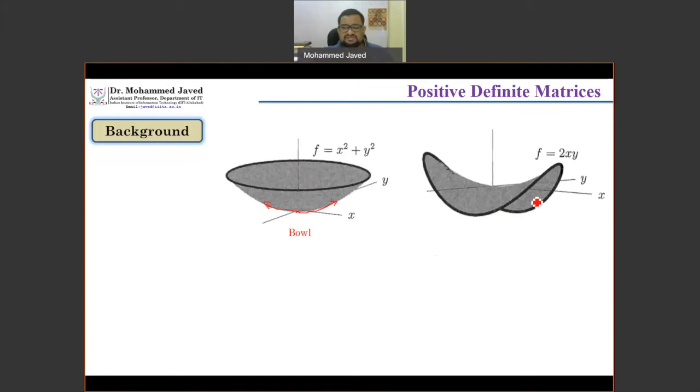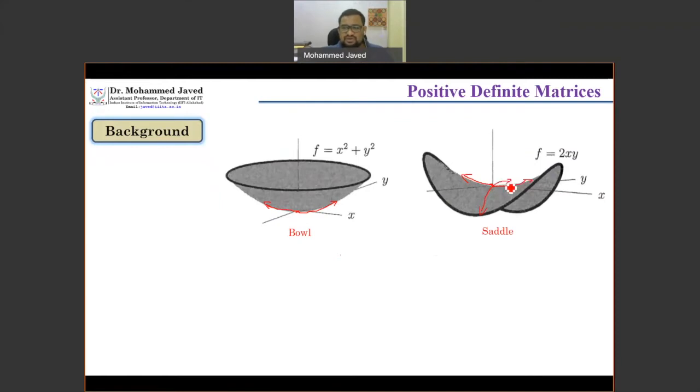Whereas in this case, the stationary point is at 0 comma 0, but this is not a bowl shape, this is a saddle point. Why is it a saddle? Because in this direction the graph is moving up, in this direction the graph is moving up, but in another direction the graph is decreasing, and similarly the other way.